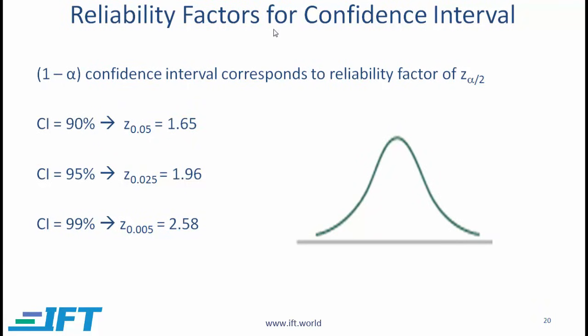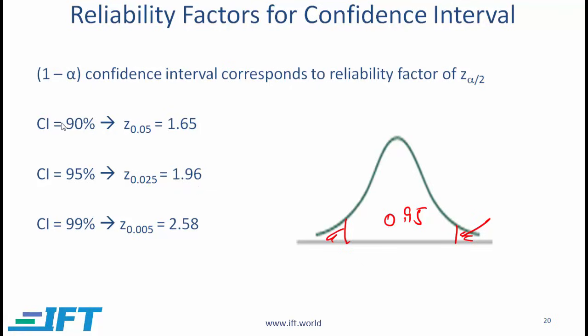Some standard reliability factors for different confidence levels or confidence intervals. We have already talked about this. If your confidence interval is 0.95 or 95%, then we are looking at a z value with a probability of 0.025, and this z value is 1.96.